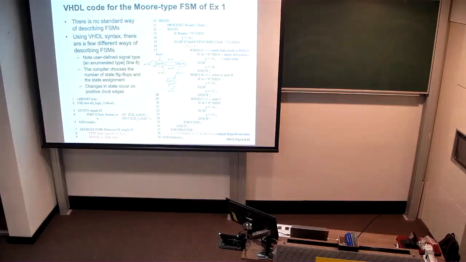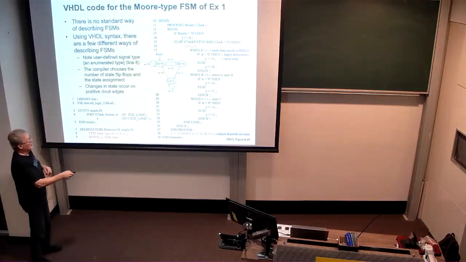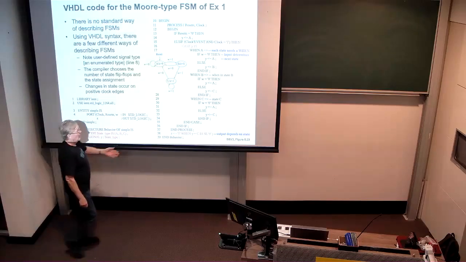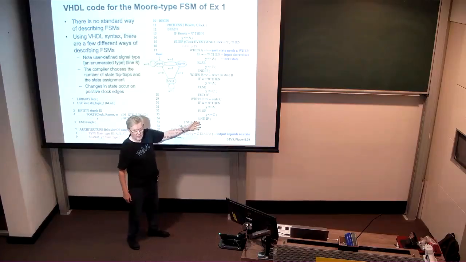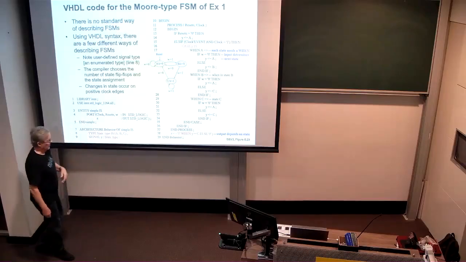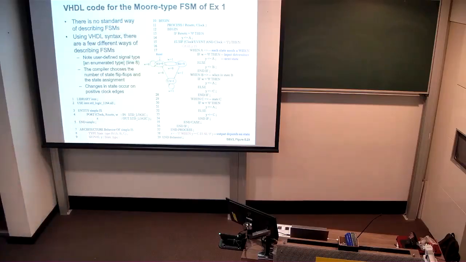So the compiler chooses the number of state flip-flops, and changes in state occur on positive clock edges here in this very large process that combines the next state logic together with the flip-flop logic, right? Because this big case statement is really taking into account what state we're currently in and determining what the next state should be as a consequence of the input.